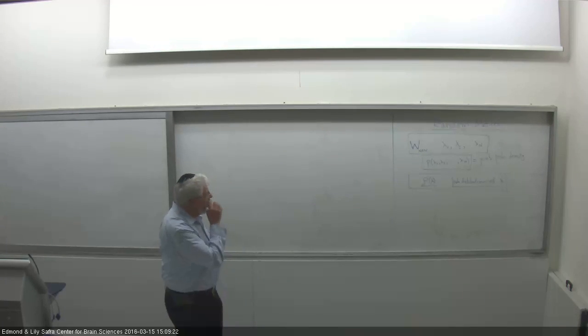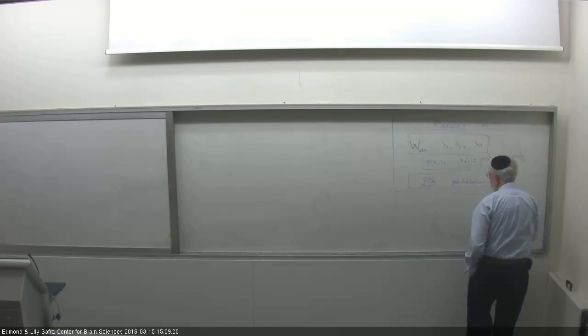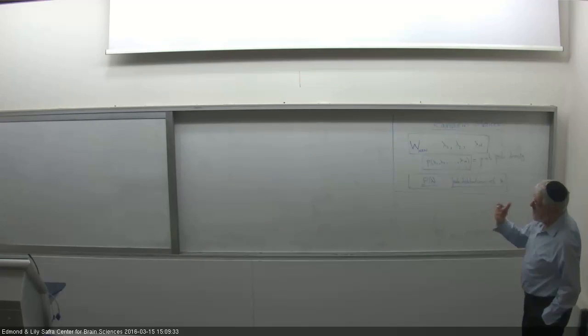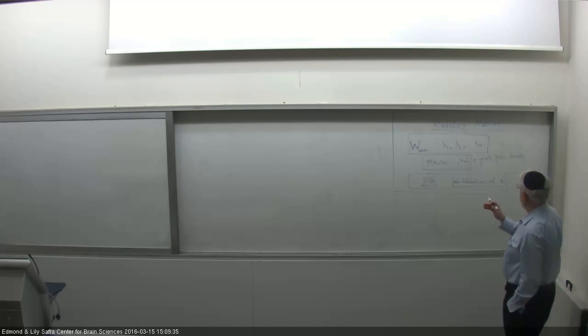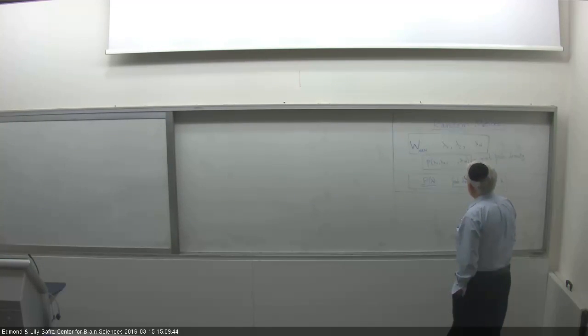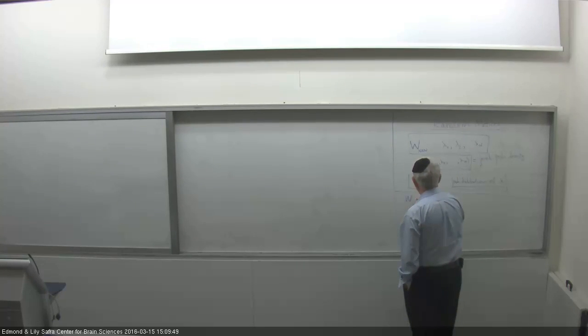So before doing that, I would like to give a general formalism for how to go about it, and then consider specific cases. But even for the general formalism, for now I'll talk about a simple case, which is that W is real and symmetric.